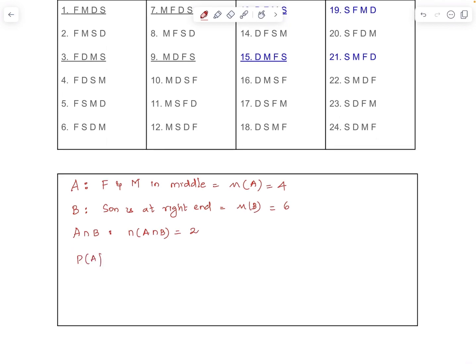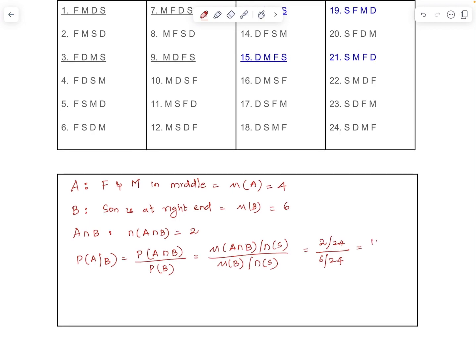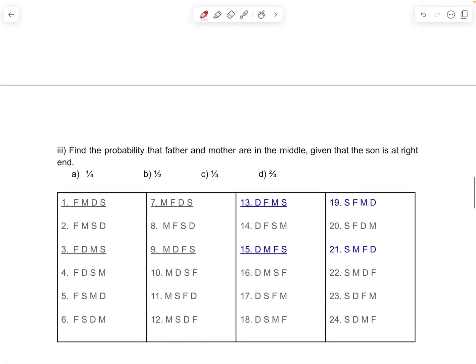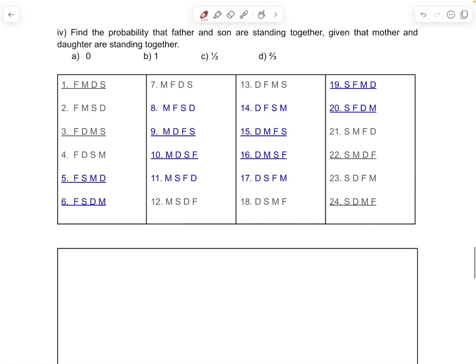P of A given B is equal to P of A intersection B by P of B, which is n of A intersection B by n of S by n of B by n of S, which is 2 by 24 by 6 by 24, which is equal to 1 by 3. So answer is C.